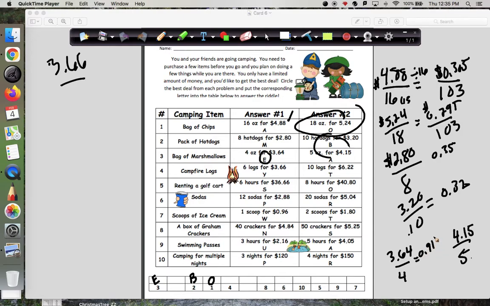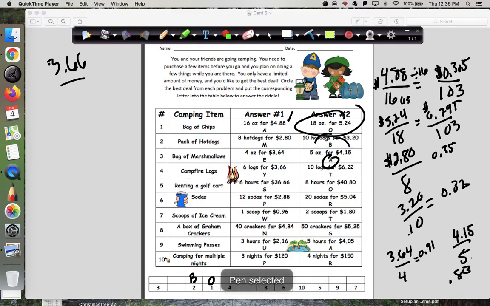Let's do 4.15 divided by 5, and that's 83 cents. So I'm going to change my answer. And this is an A, which kind of makes more sense if it's going to be one letter. It's probably not going to be an E. So whenever you're solving a puzzle and something doesn't seem right, it's a good time to double check like I did.